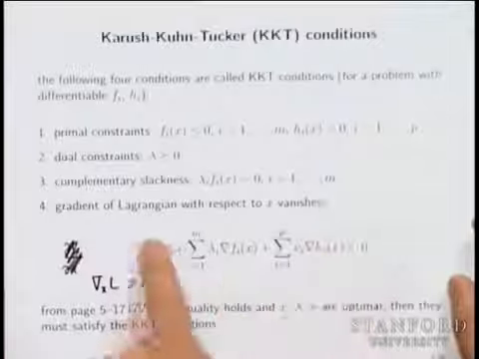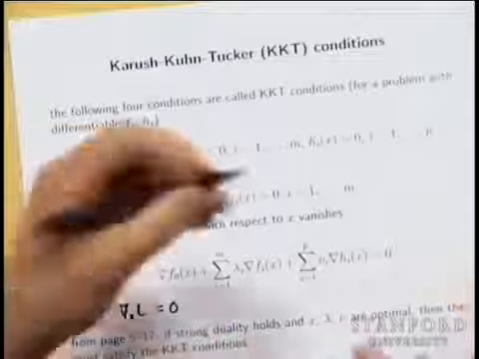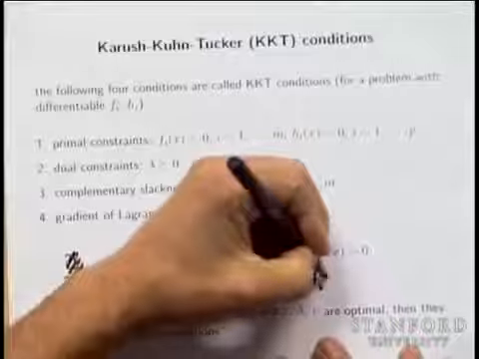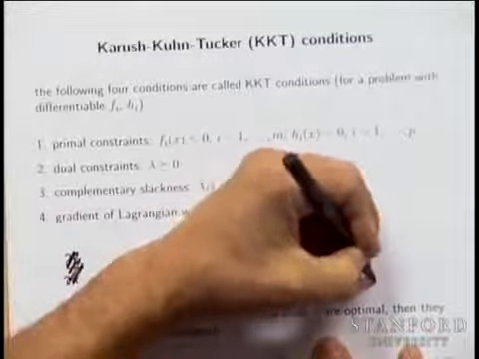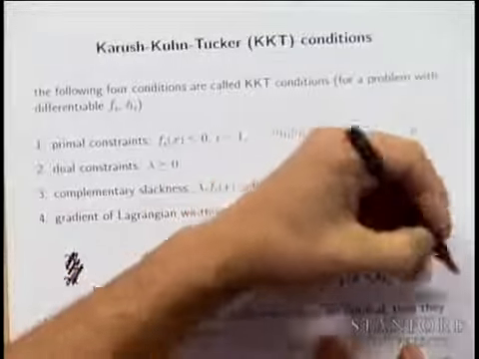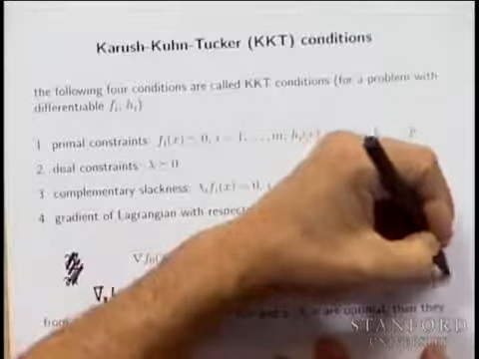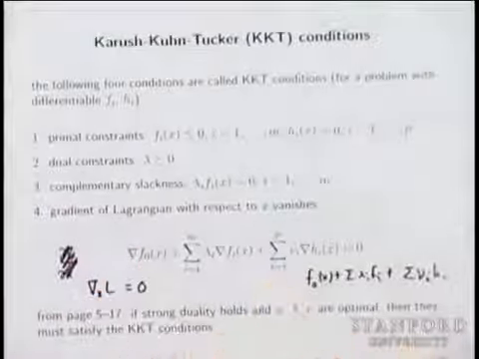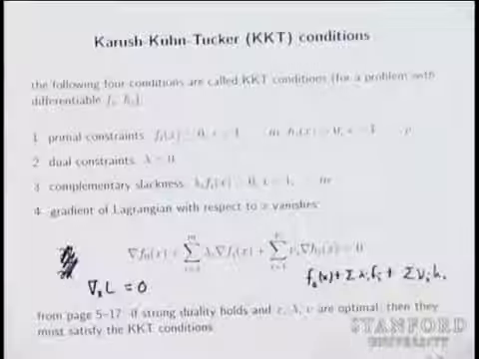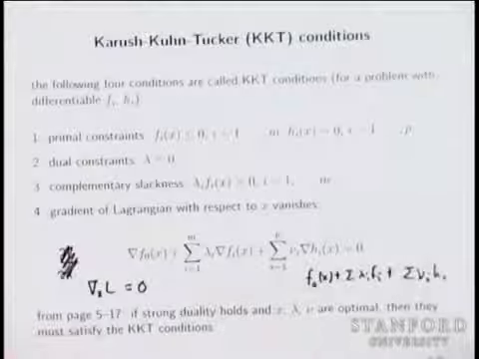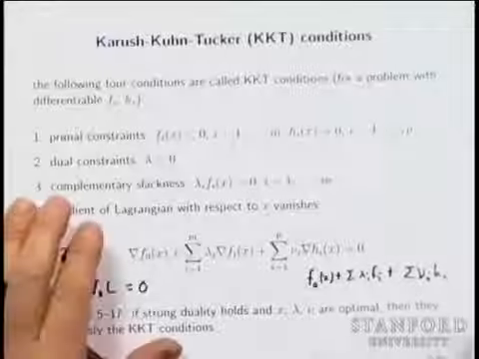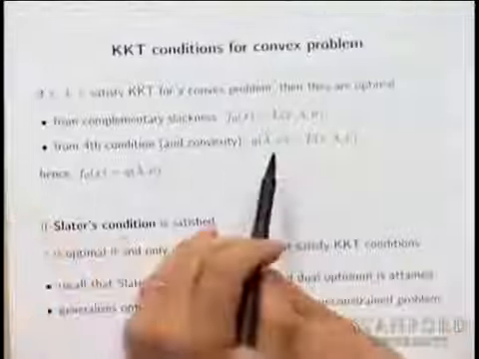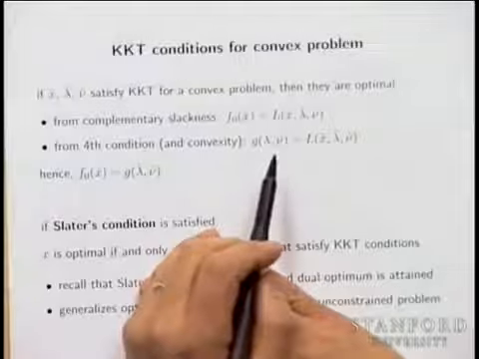This condition says that this convex function, f0 of x plus the sum of lambda i fi plus the sum of nu i hi, has a gradient that vanishes. If it has a gradient that vanishes, and it's a convex differentiable function, then that point is the minimizer. Therefore, x tilde here is a minimizer of the Lagrangian.